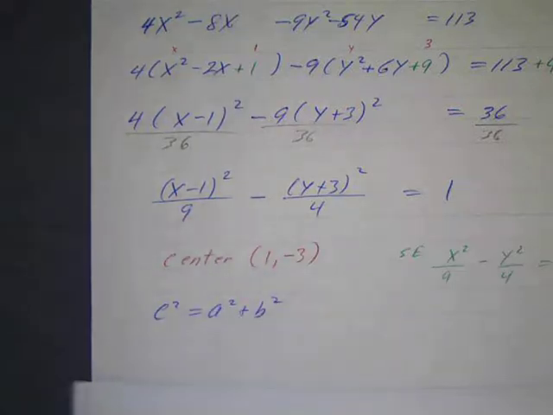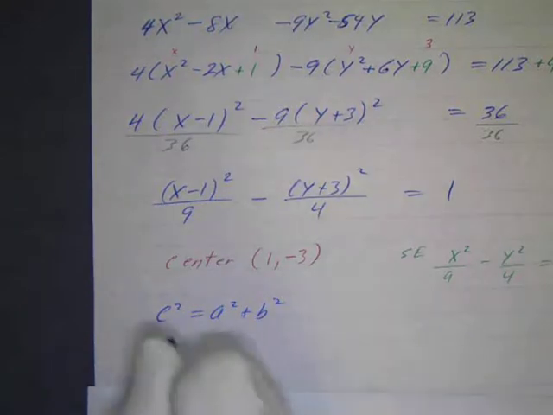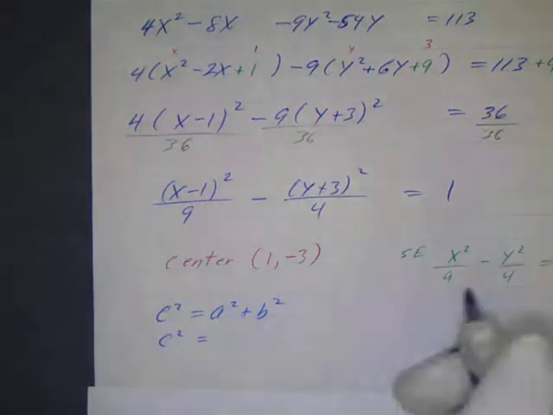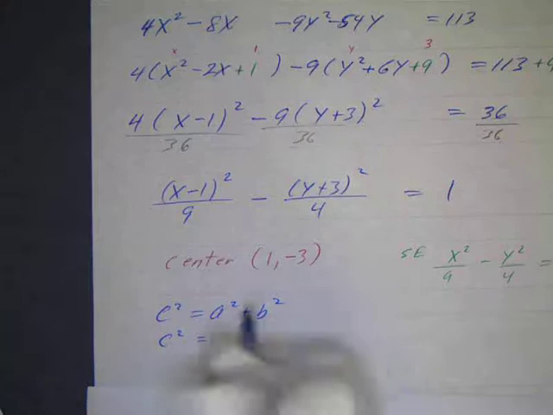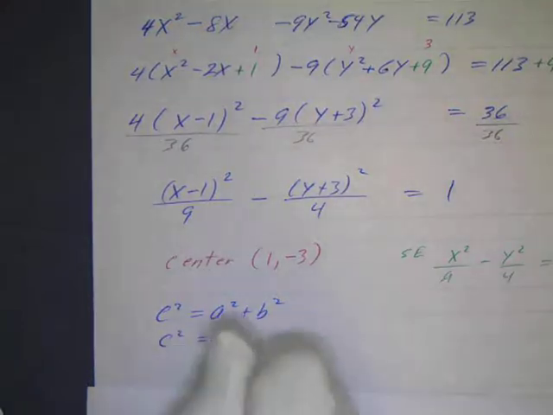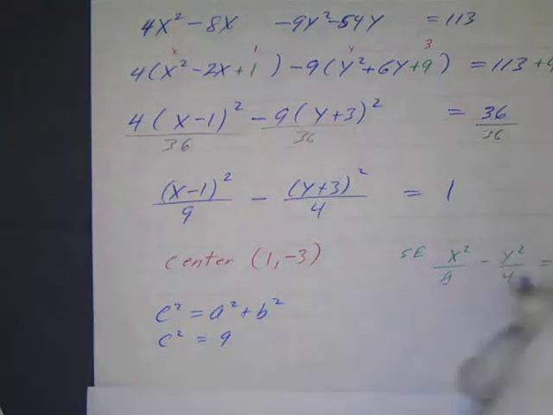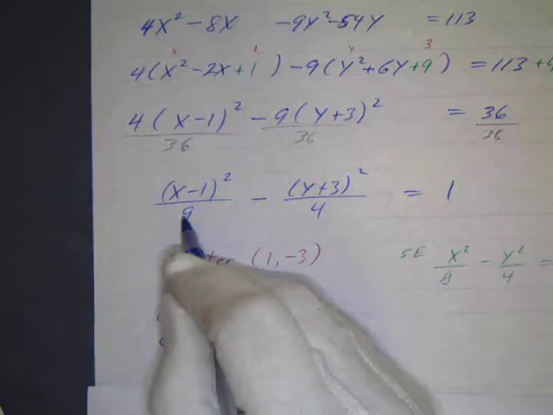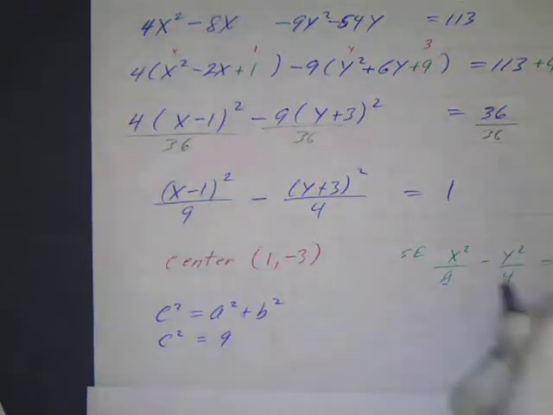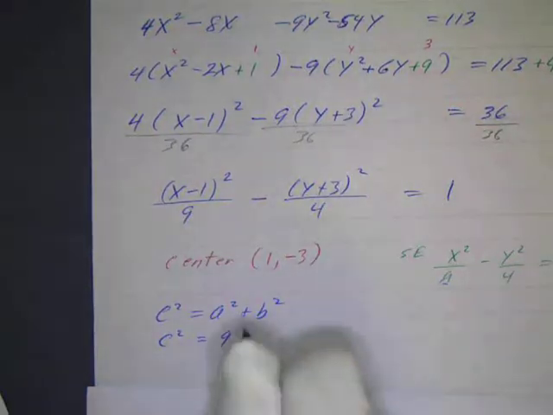So my a squared was 9, so c squared equals 9 plus 4. We want that to be positive, so that's why this is the bigger one. So a is 3, so that's actually 3 squared, and b squared is 4.